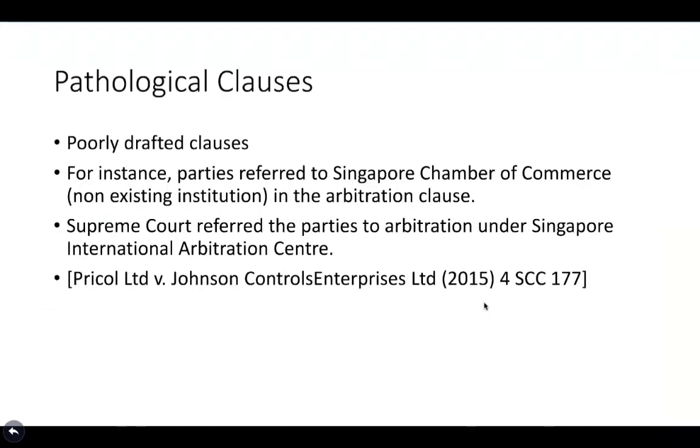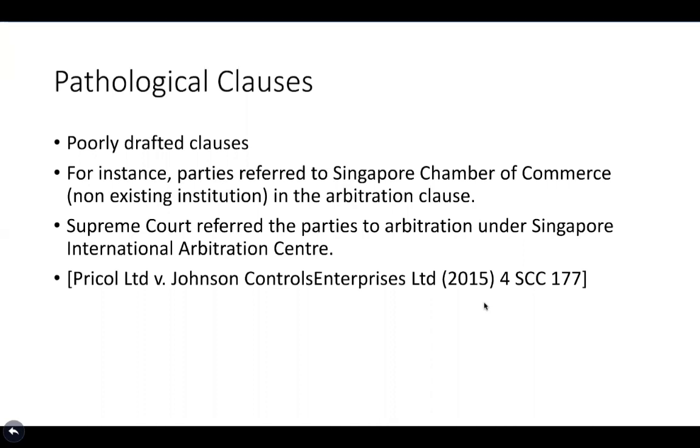One of the issues is pathological clauses, and pathological clauses mean poorly drafted clauses which have some defects. Just to give you an example, let's say the parties have written in the agreement that they'll settle the disputes under the aegis of Singapore Chamber of Commerce.